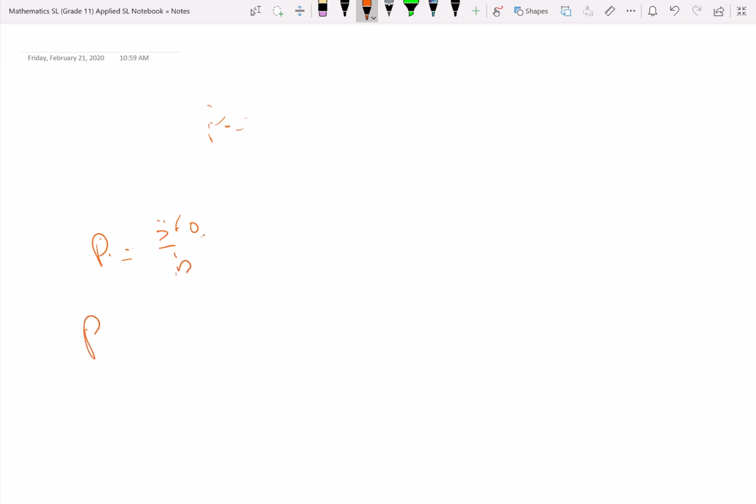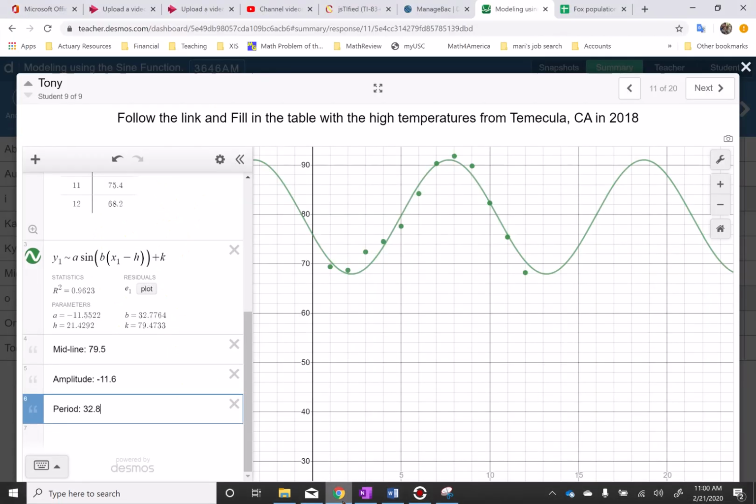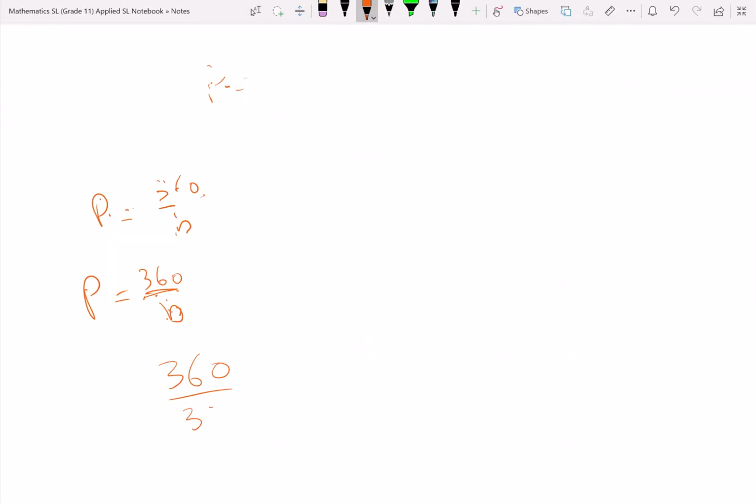Which means, in this case, our b value is 32.8, right?